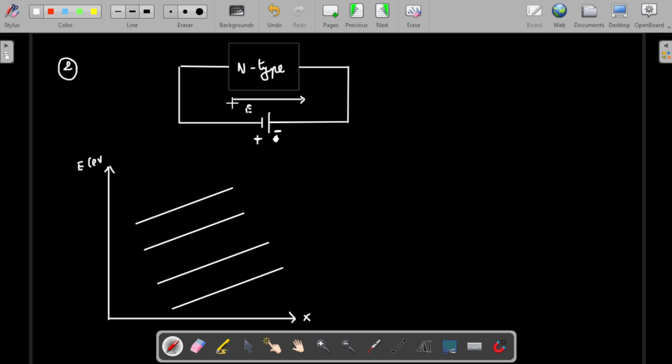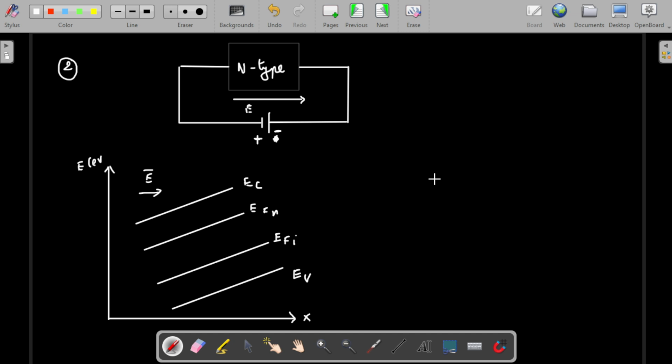The starting position will be down and the electric field increases in this direction, so the energy level will also be shifted in this direction. So this is EC, this is EV, here it is EFI, and this is EFN. Okay, I hope it is understood.